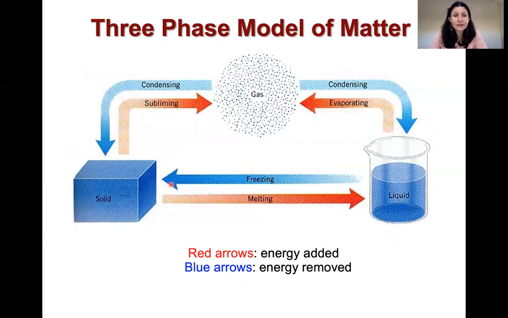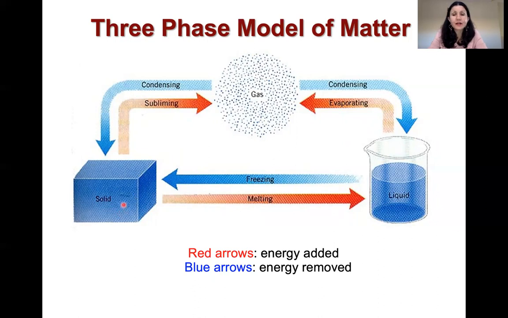So these are the three phases. I'm sure you've seen them in your previous science classes: the solid phase, the liquid phase, and the gas phase. There are more phases of matter, but these are the three that we will focus on in this class. There are certain mechanisms, which we have names for, that take a material from one phase to another.